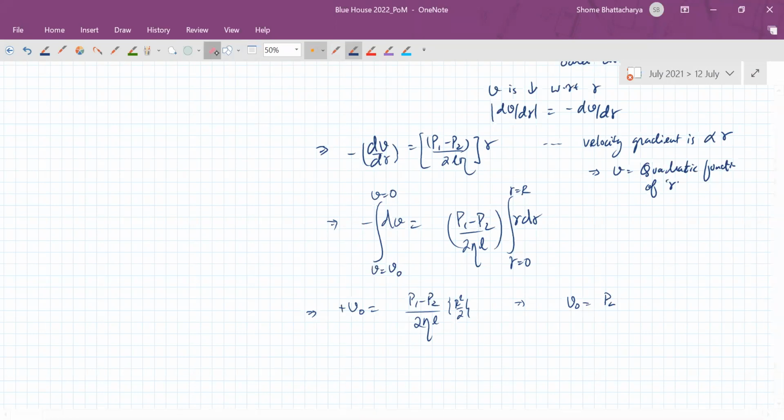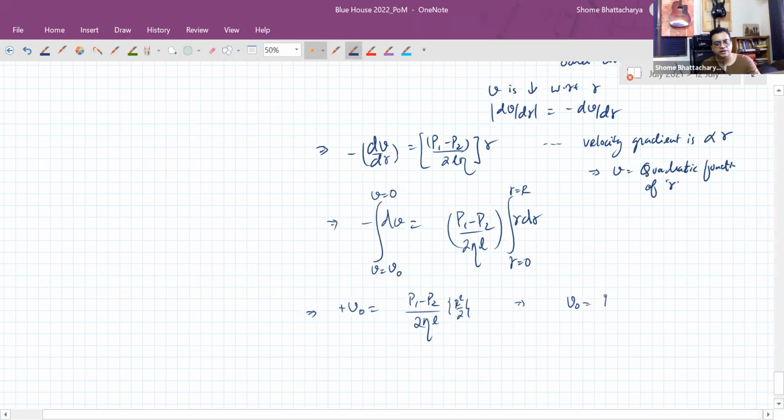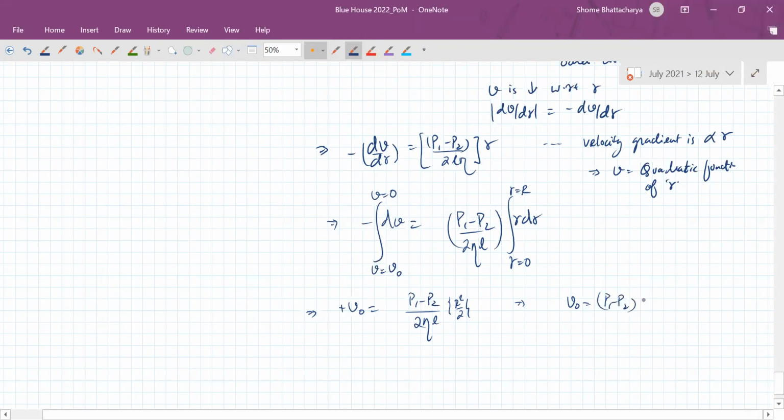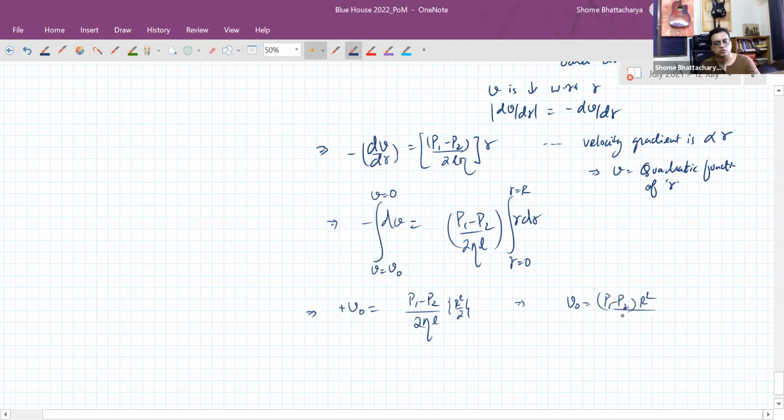So v0 is this sort of a factor: P1 minus P2 into R square upon 4 eta L. Okay. So from this we can also see that alternately, if I integrate this from v0 to v on this side, and on the other side from r equal to 0 to r equal to R, then we get this kind of relation.